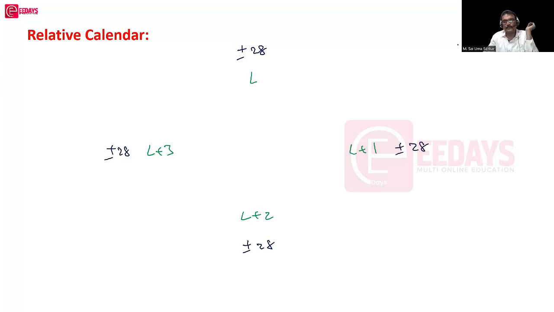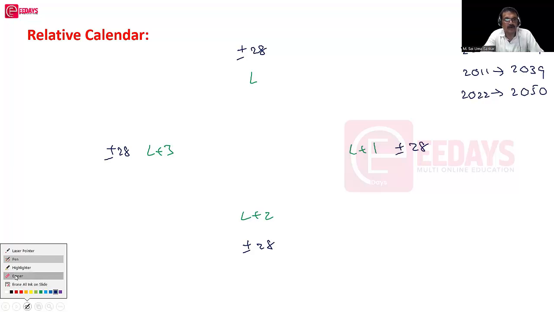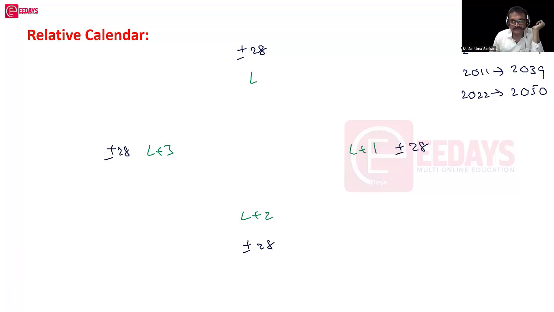That means, suppose if you take 2001, this calendar is the same as 2029. Suppose 2011, this calendar is the same as 2039. Suppose 2022, this calendar is the same as 2050. That means every year's calendar is the same as plus or minus 28 years, after 28 years or before 28 years.